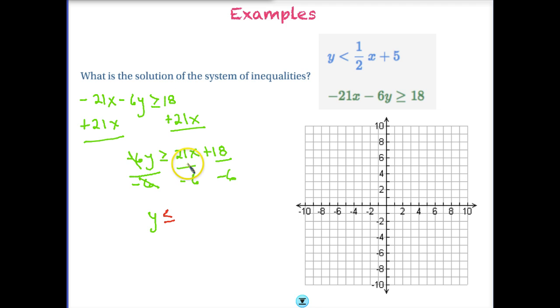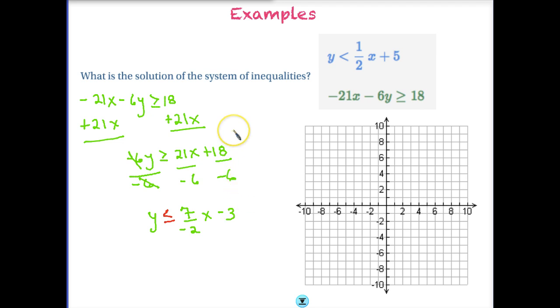So when I think about what goes into 21, 3 goes into 21 7 times. 3 goes into 6 2 times. And don't forget about the negative that's still there. And then I'll go ahead and reduce 18 over negative 6. Negative 6 goes into 18, negative 3 times. Now I'm ready to graph this.